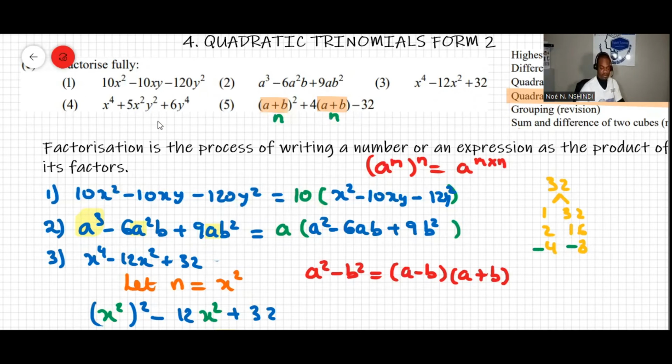You can substitute x squared equal to n, and then you can also make y squared equal to m, and then factorize. So I'll let you factorize this, starting with the problem that we solved together in this video, and then try to factorize the remaining questions. Thank you.